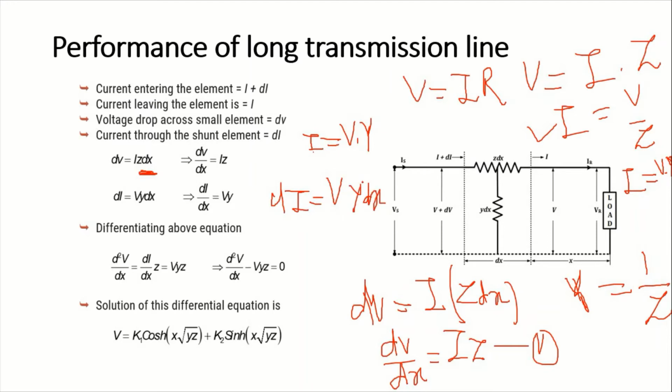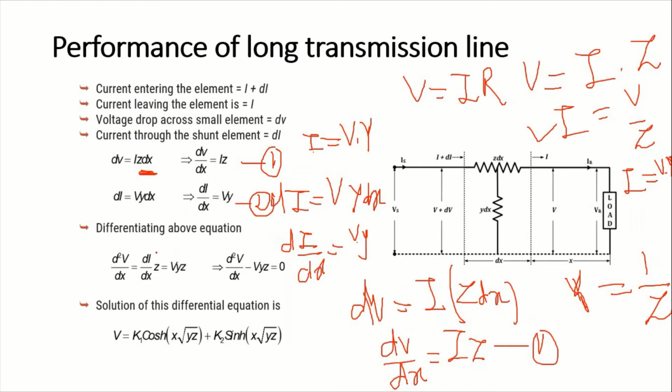Clear? Now dx can be taken to the left side, so we write dI by dx is equal to V into Y. These two equations we get as 1 and 2.